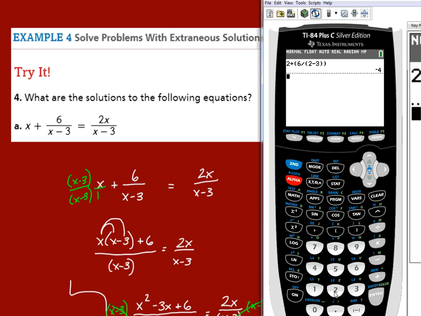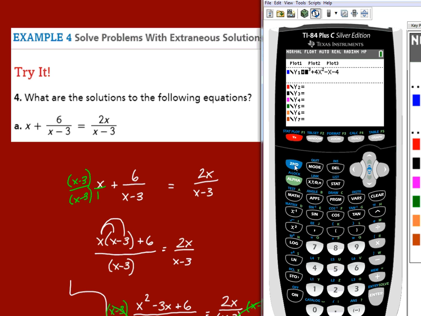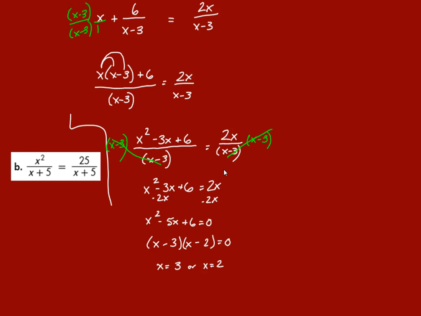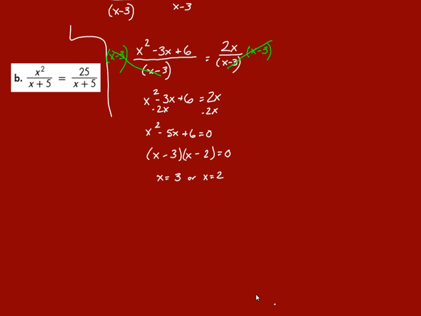Okay, so we're going to say, and I'll use the fraction key on this one, alpha y equals n over d. I'm going to say 2 times 2 over 2 minus 3. That is also negative 4, so 2 is a solution. So down here we would say the only real solution is x equals 2.